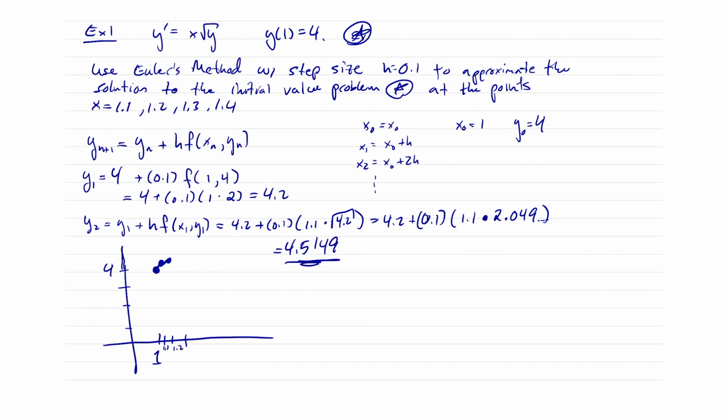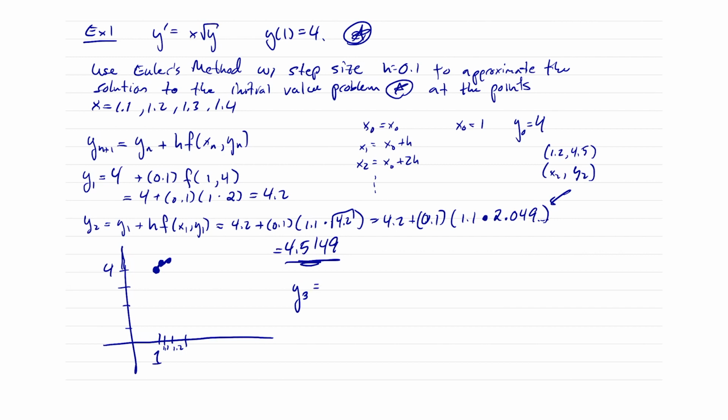Now if I wanted to go on and calculate y3, this gives me y2, and y2 corresponds to x2. So we're going to ultimately get the point x2, y2, and this is going to be the point 1.2, comma 4.5-ish. So now we want to go on and find y3.